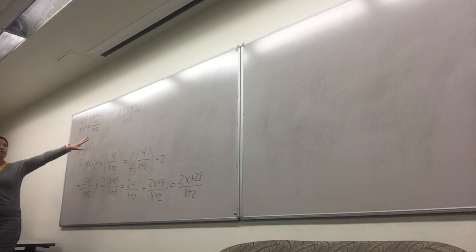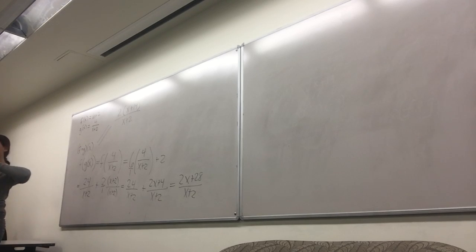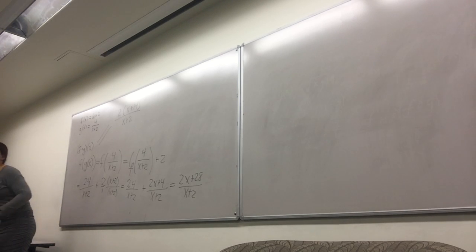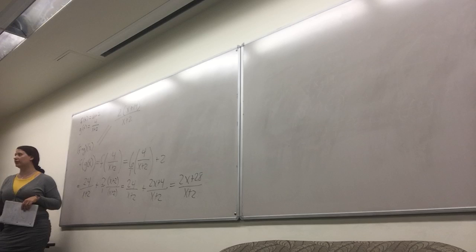In that, nothing can be canceled, nothing can be factored further. It is fully simplified. That's as far as we can go with it, right? Okay. So are we good on that one? Any questions? Because I know there's quite a few like this one in the homework.